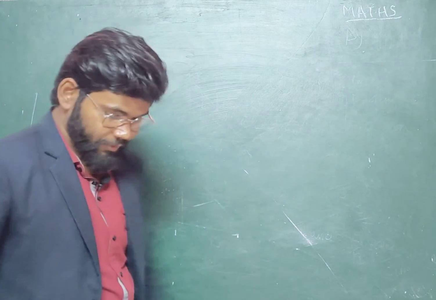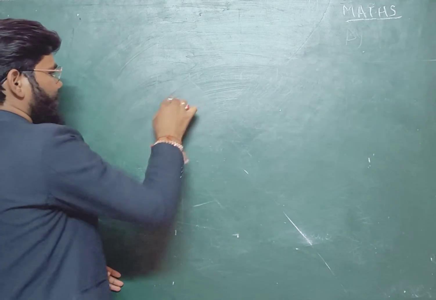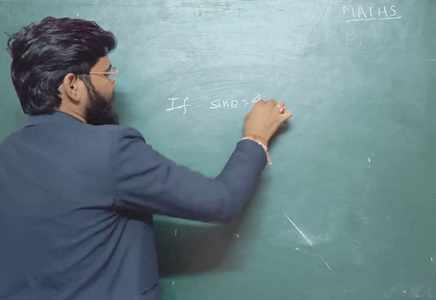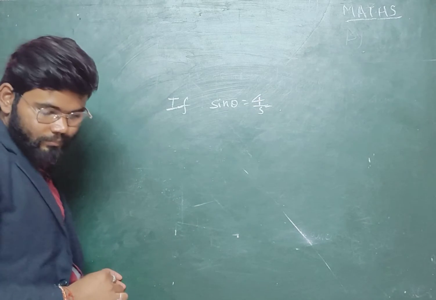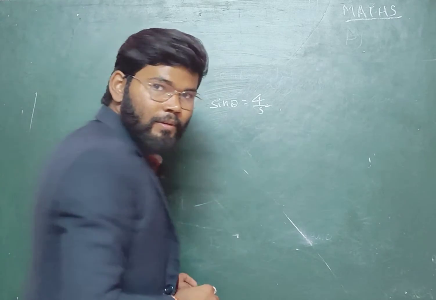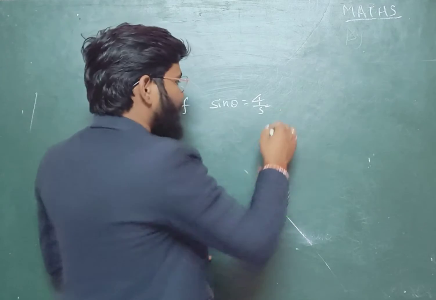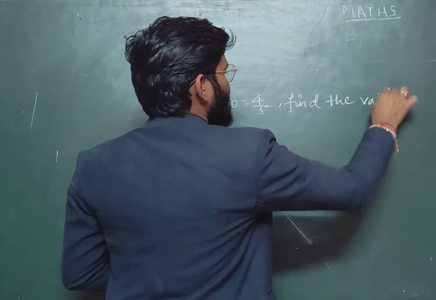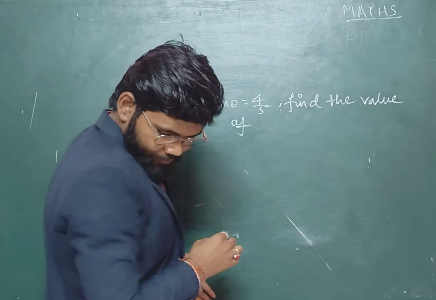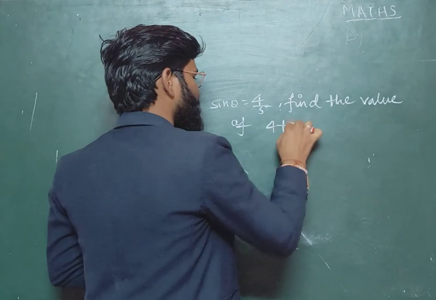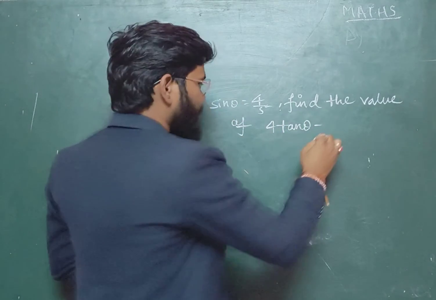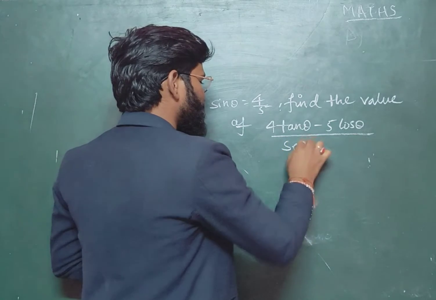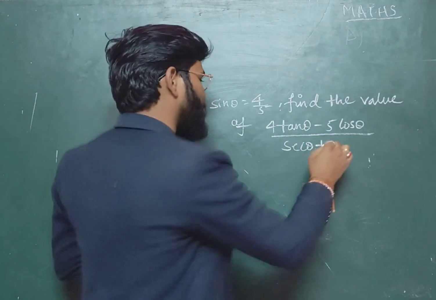See, one question is telling that if sin theta equals 4 by 5, sin theta equals 4 by 5, and the question is telling us to find the value of 4 tan theta minus 5 cos theta by sec theta plus 4 cot theta.